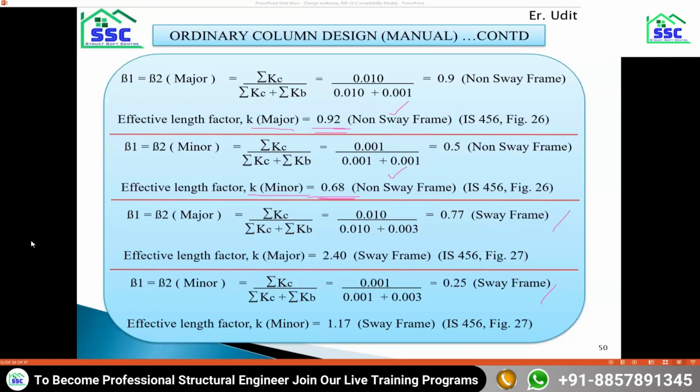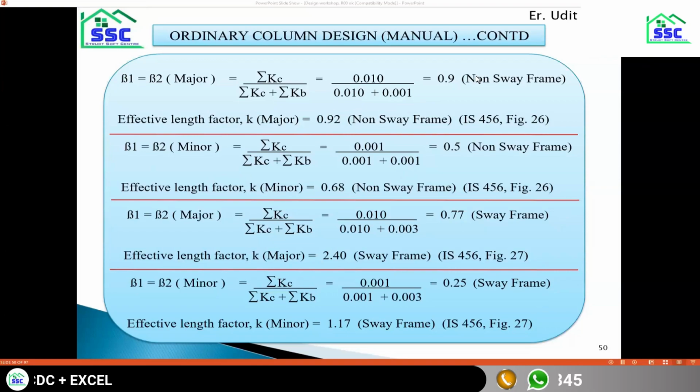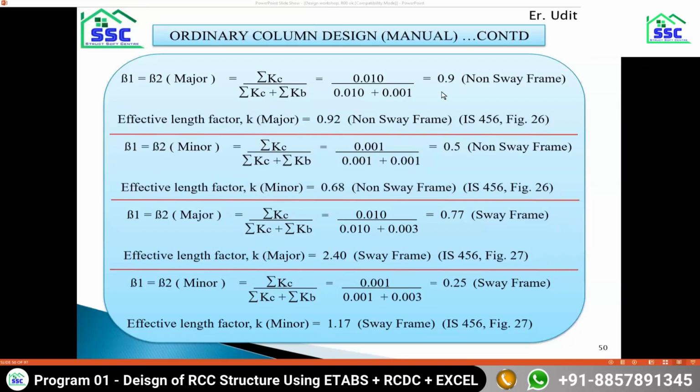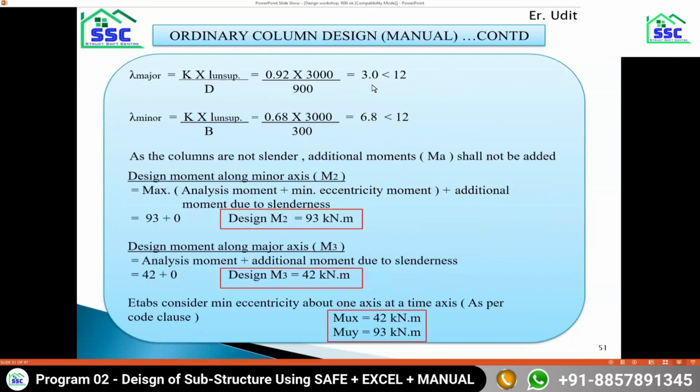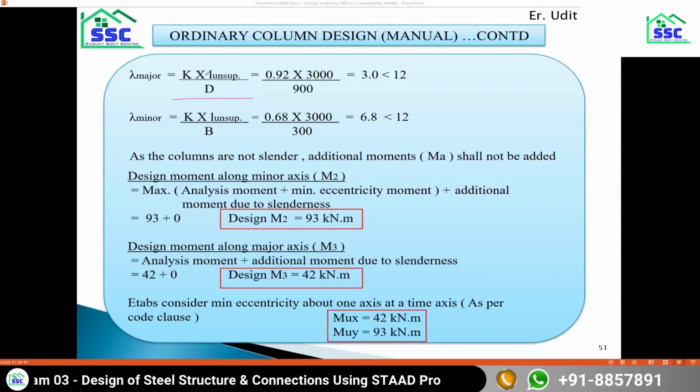So now let us use these effective length factors and calculate the most important thing, that is the slenderness ratio of our column. So now if I go to the next slide, here we have calculated the slenderness ratio of our column. Slenderness ratio is nothing but the effective length factor k into the unsupported length of the column divided by the lateral dimension of the column.